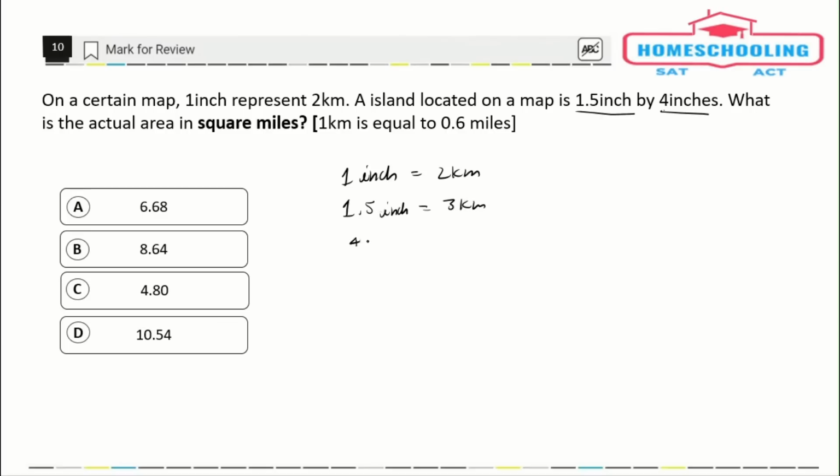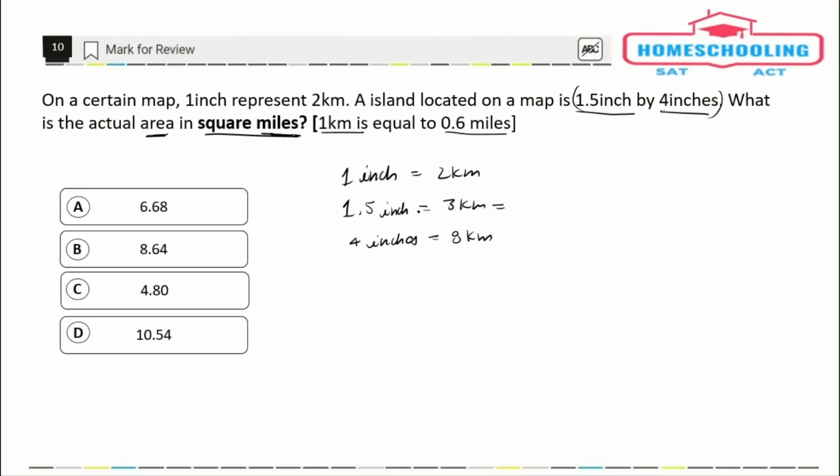And similarly, how much would 4 inches be? 1 inch is 2 kilometers, so on the map, 4 inches would be 2 into 4, that would be 8 kilometers. In the question, we have been asked, what is the actual area in square miles? So we have to find the area in square miles. It is given that 1 kilometer is equal to 0.6 miles.